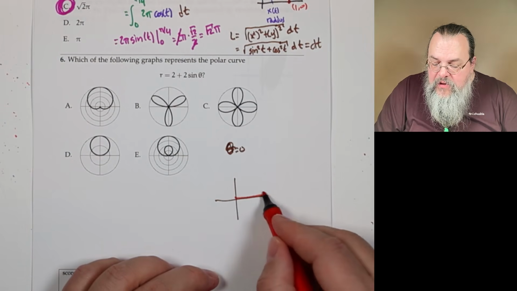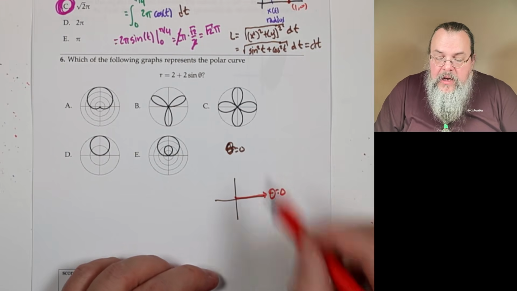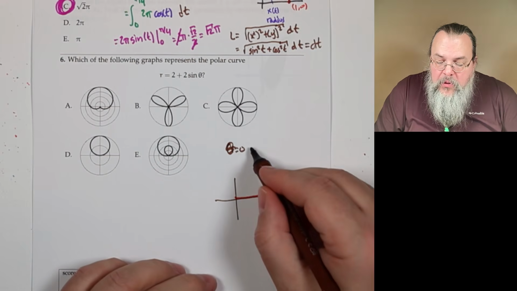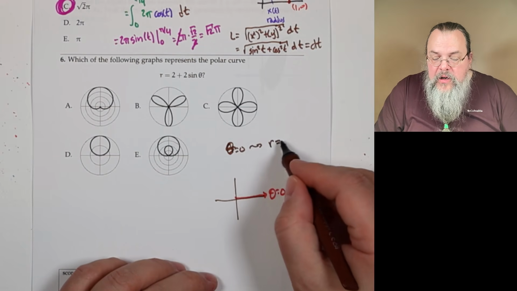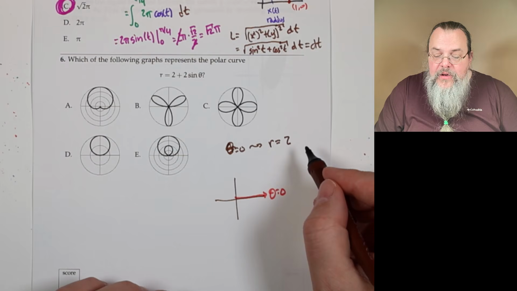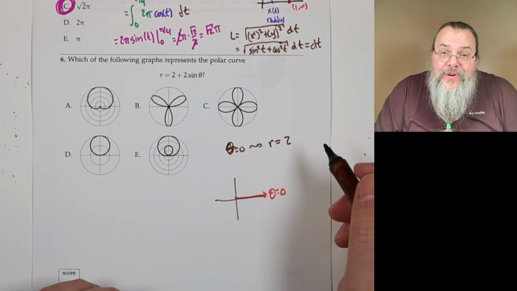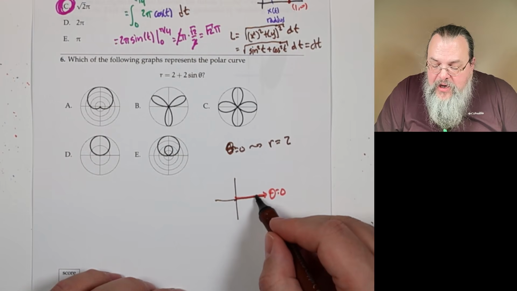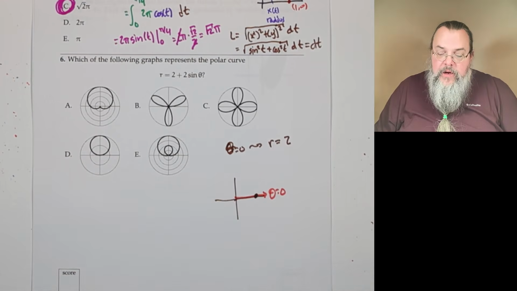So this is theta equals 0. Now, when we plug in theta equals 0, what do we get? Well, that leads us to r equals 2 plus 2 times sine of 0. Well, that's 2 plus 0, or 2. So that says if I move in the positive x direction, I should have a point roughly 2 out.